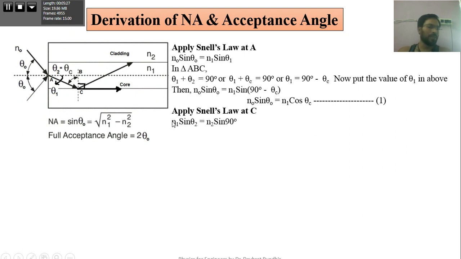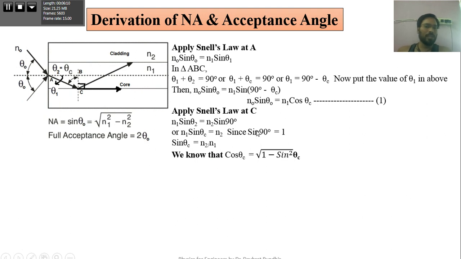So the left hand side becomes n1 sin θ2 equals, if I assume this angle is 90°, because I am assuming θ2 equals θc, so this light will propagate in this way, and the refractive index of the cladding is n2, so this becomes n2 sin 90°. Finally, the simplified form of this expression: you put the value of sin 90° as 1, so this becomes n2 = n1 sin θc. Now you can calculate the value of sin θc, which becomes n2 upon n1.